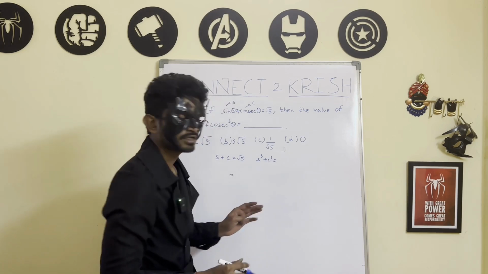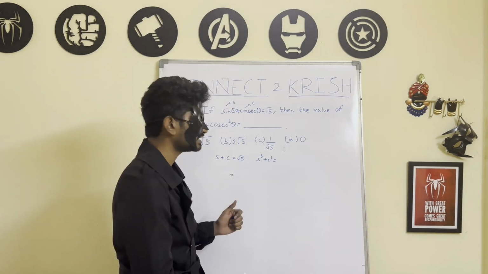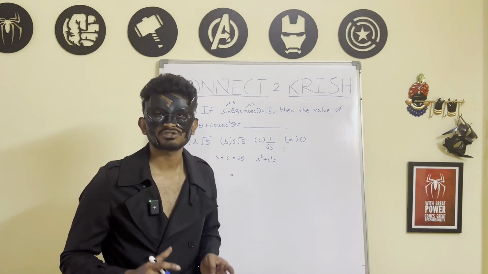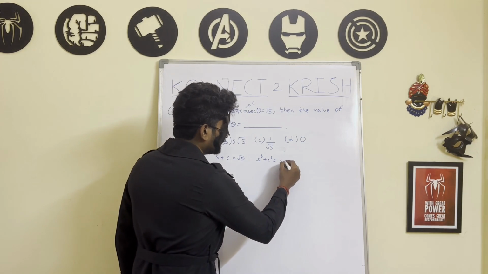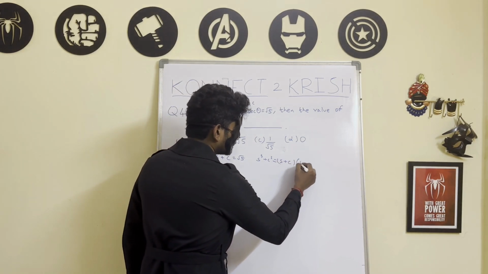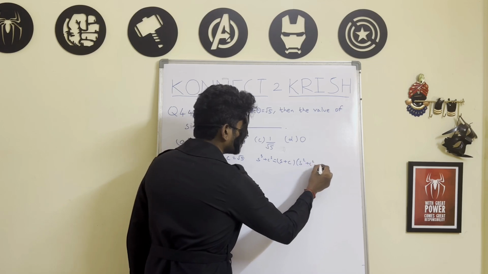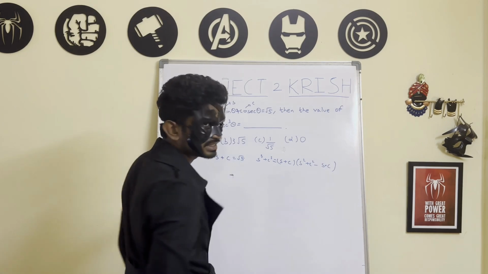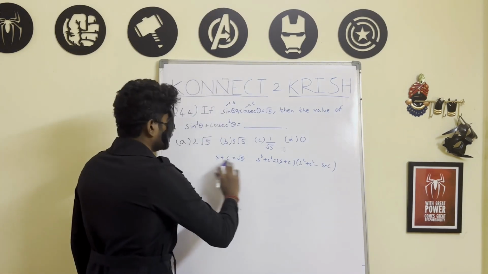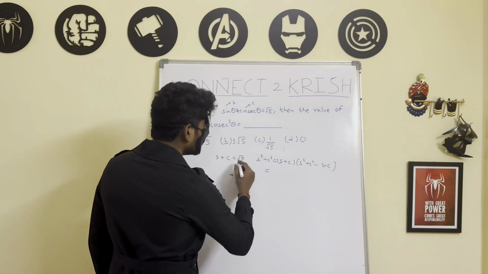We already know that the a cube plus b cube formula is a plus b into a square plus b square minus ab. So here s cube plus c cube is s plus c into s square plus c square minus s into c. This is sin theta into cosecant theta. Now s plus c value is given, that is root 5.